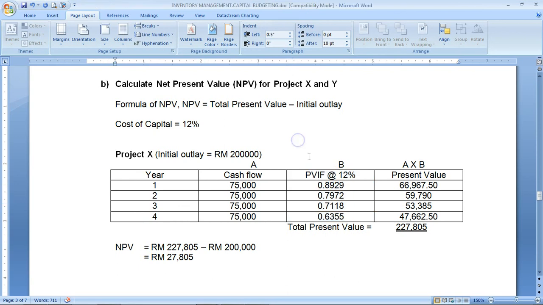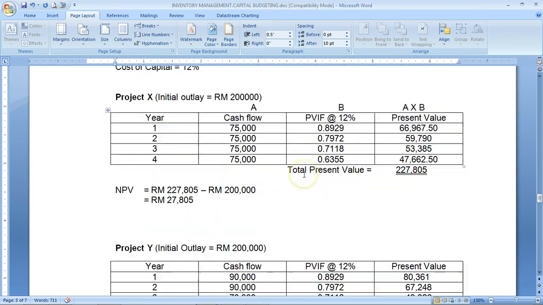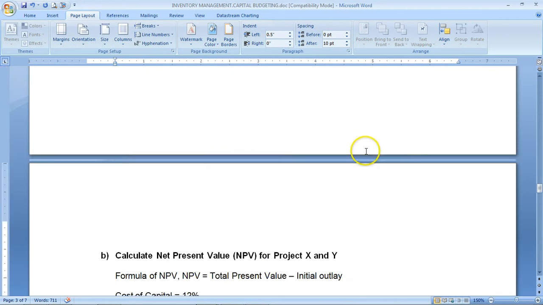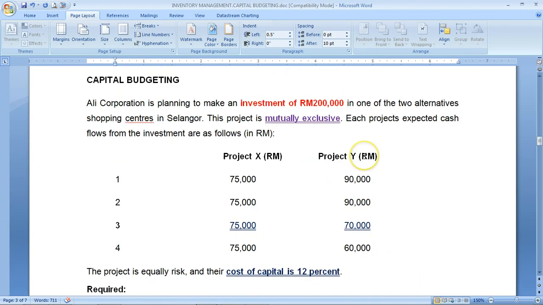Alright, okay, then I get project X. Don't forget to do project Y. From year 1 to year 4, you write back the cash flow. As you can see in the question, how long? It's 4 years, right? 1, 2, 3, 4.